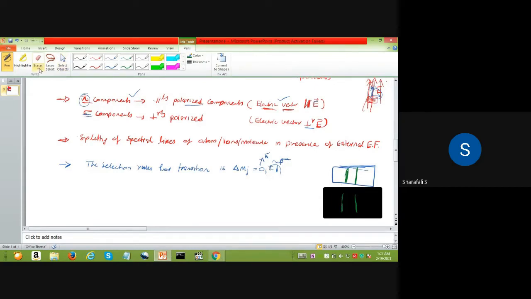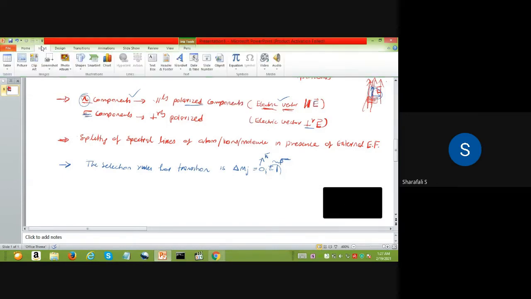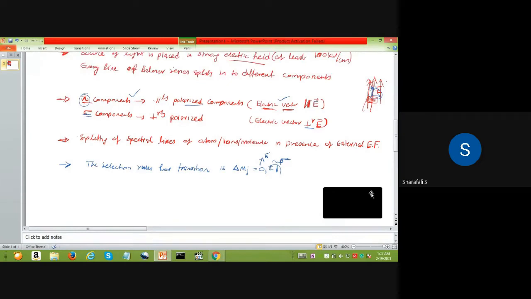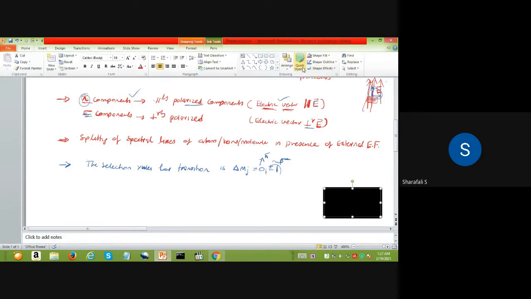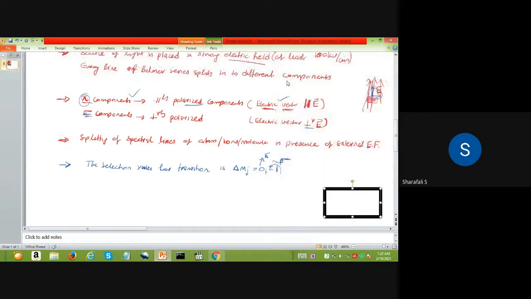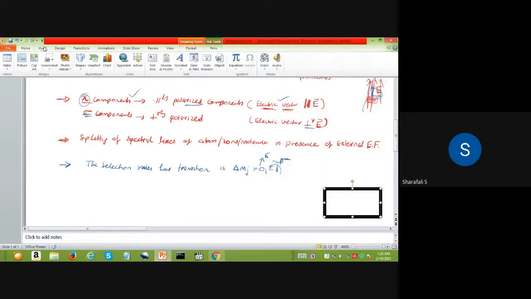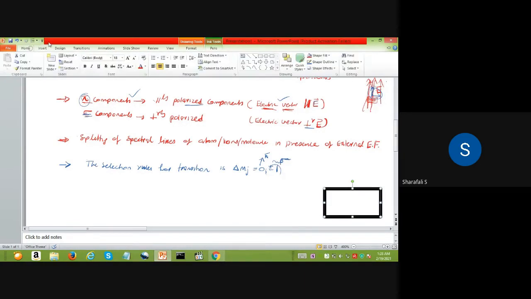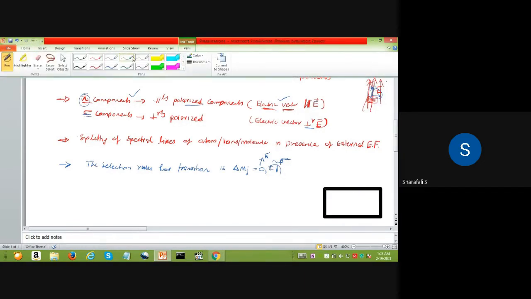I will just put it as white wall. Okay, so this is your screen that will show you that spectral lines.